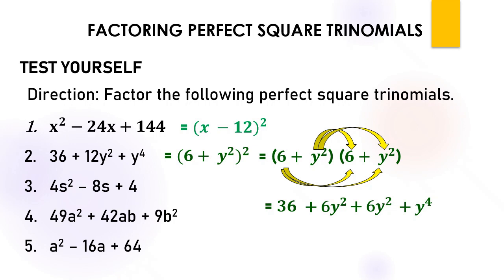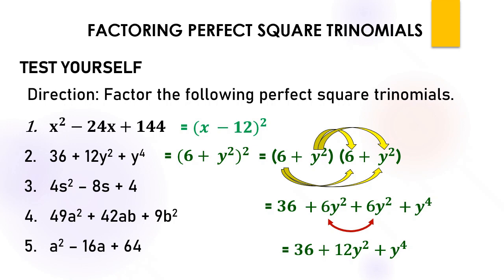And then to get the product, we simplify this by adding the terms that are alike. Here our like terms are 6y squared and 6y squared. So add the terms in the middle. 6y squared plus 6y squared will give us 12y squared.